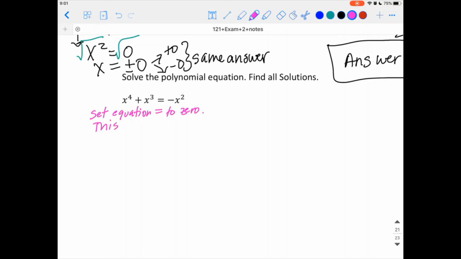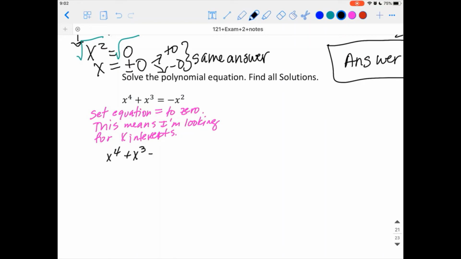Again, this means I'm looking for x-intercepts. So in order to do that, that negative x squared has to come on over. So let me just write the equation again.